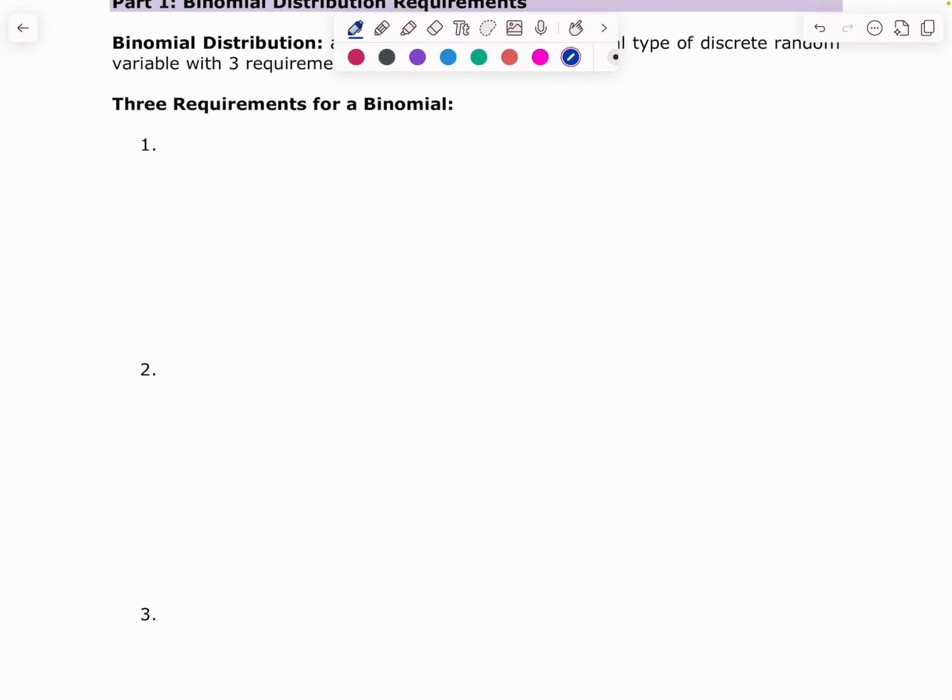The first requirement is that you must have two possible outcomes. We call these possible outcomes in a binomial the success and the failure.